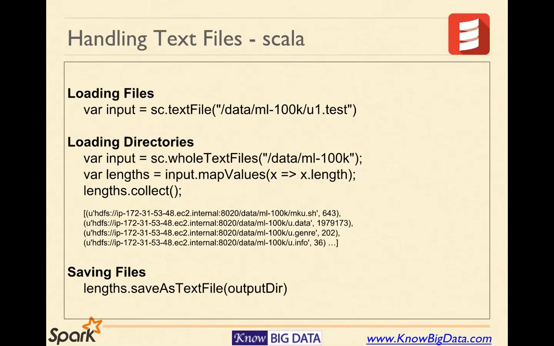The first is where we load the data from a file or a list of files such that every line is a record of the RDD.